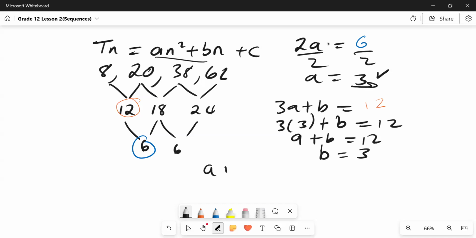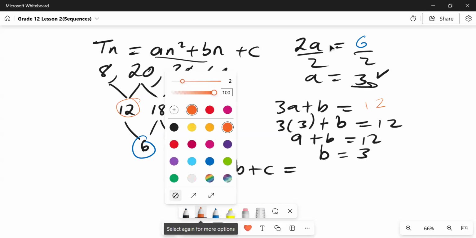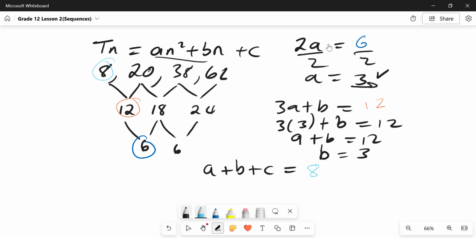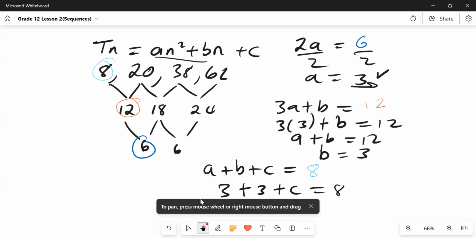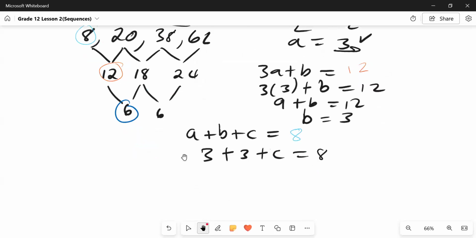Then the last one, a plus b plus c equals 8. Your a is 3, your b is 3, so 3 plus 3 plus c equals 8. This simply gives us 6 plus c equals 8, so c equals 2.